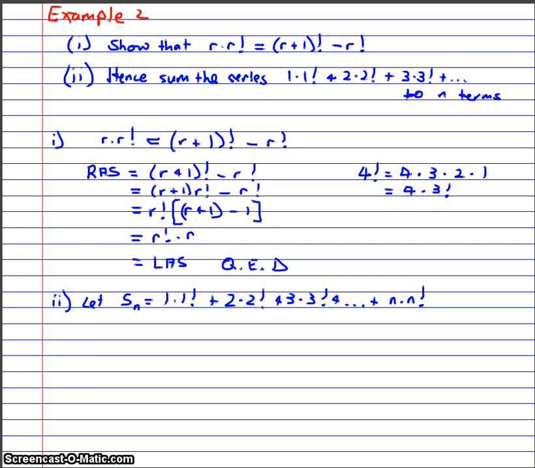Okay, now how can we write that? Well, that's the same as the sum to n terms from r equals 1 of r times r factorial, which we could also say is equal to, because of the first part, the sum to n terms from r equals 1 of (r plus 1) factorial minus r factorial.